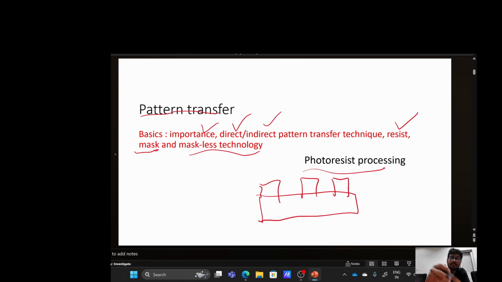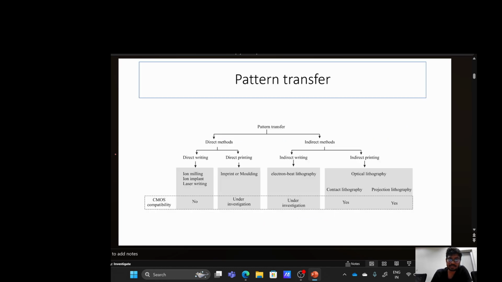You need to give a path to the current, so for that you need lithography. Okay, so now let us see the photoresist processing.